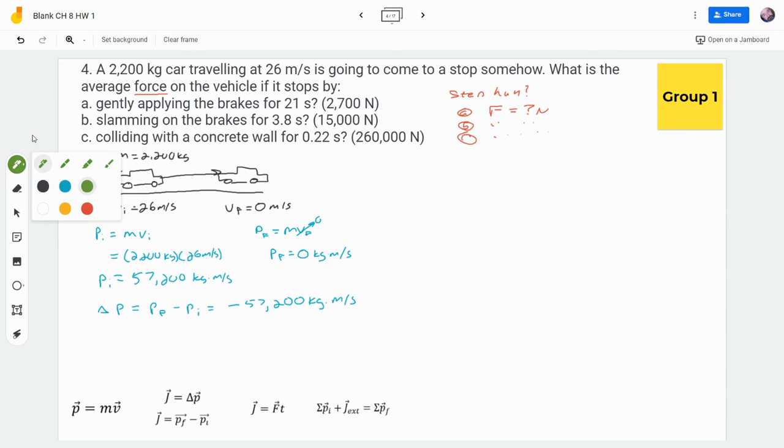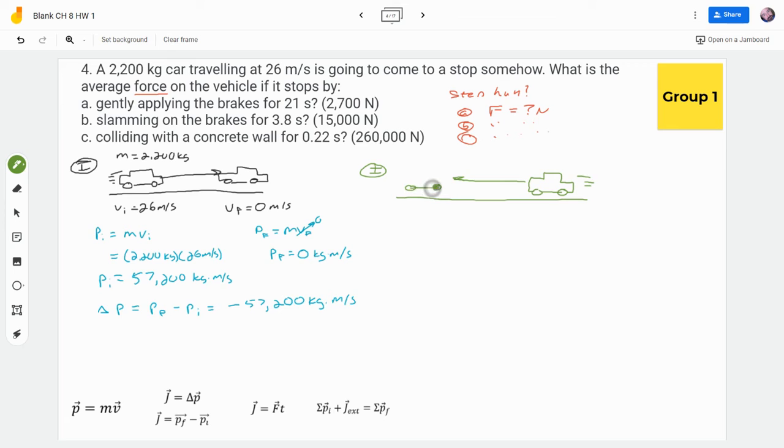But instead, imagine what would happen if we did this the other way. If instead the car starts off going left, goes as far as it goes, and then stops somehow. If we did it this way, V initial would be negative 26 meters per second.